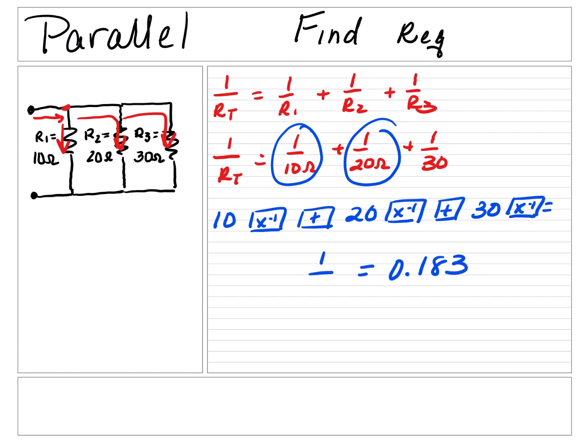This is equal to 1 over RT. And again, you could cross multiply, or since RT is on the denominator, you take your number and push the reciprocal button again, and you should get 5.45 ohms, just like the last answer.